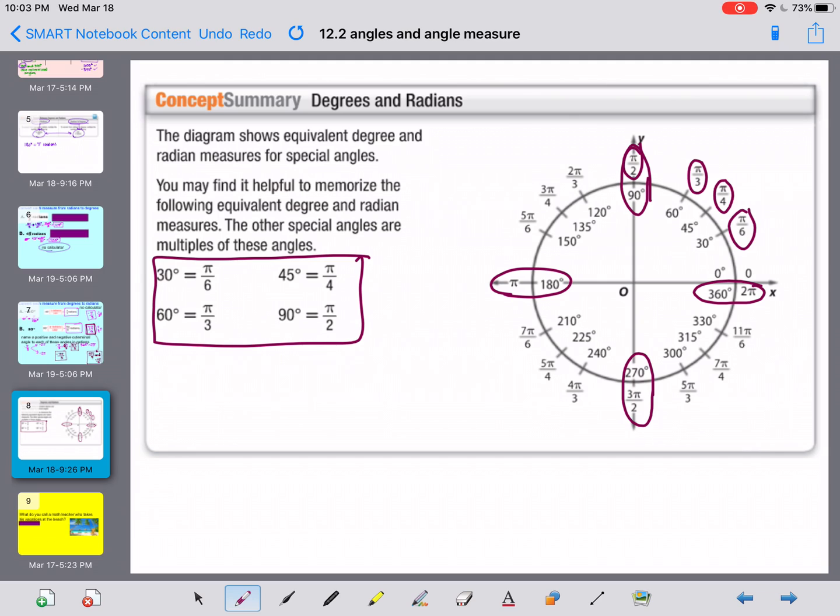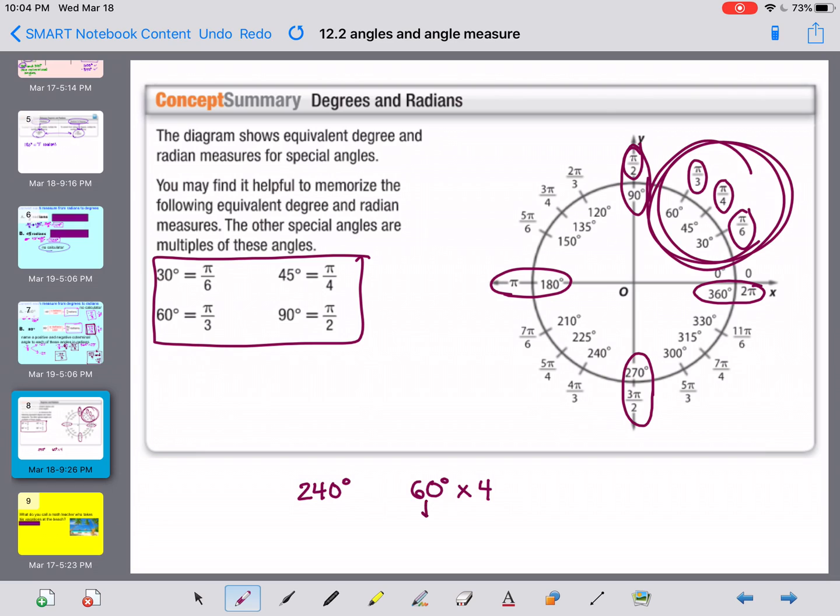What's easy is if you know this first quadrant here, right? If you know this first quadrant, you can figure out other ones. So if I wanted to know, for some reason, 240, right? And I want to know how many radians that was. You could say, okay, well, 240 is 60 multiplied by 4, right?